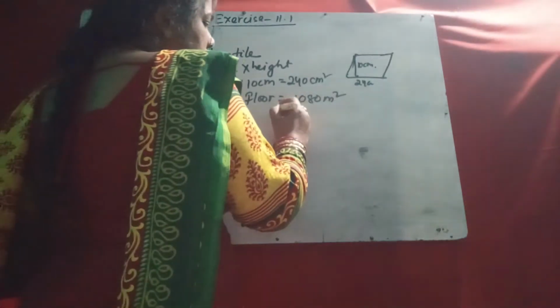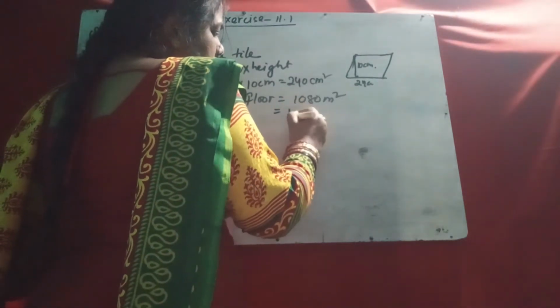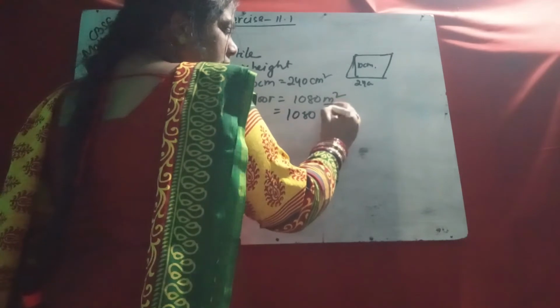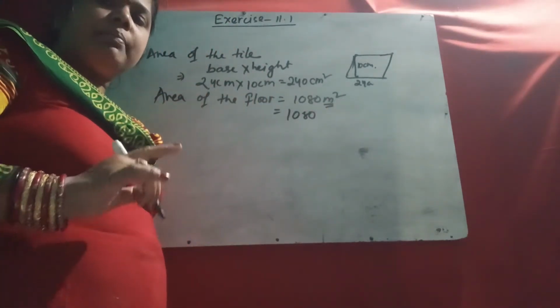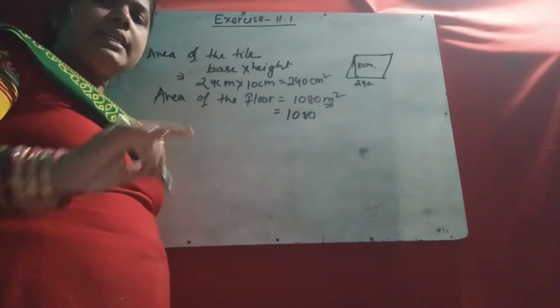To convert the 1080, 1 meter equals 100 centimeter. So in place of meter, you write 100 centimeter.